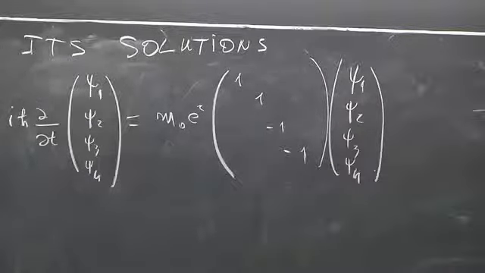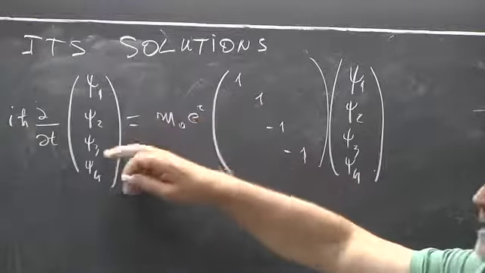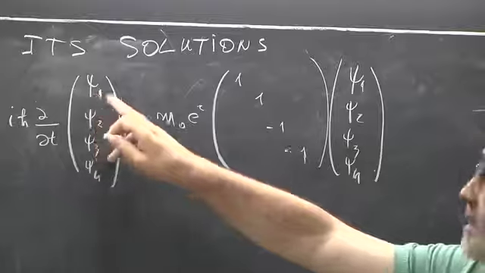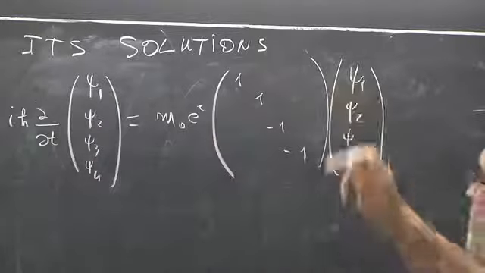Now, this equation is very easy to solve. Why? Because the components are not coupled one with the other. The derivative of psi1 is equal to mc squared psi1.